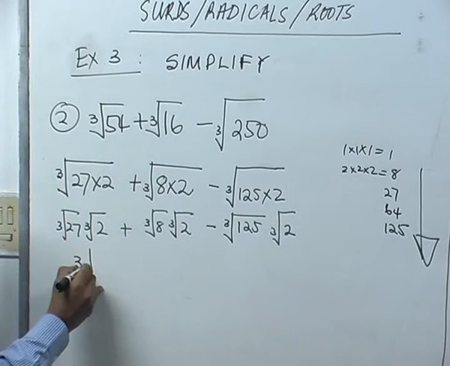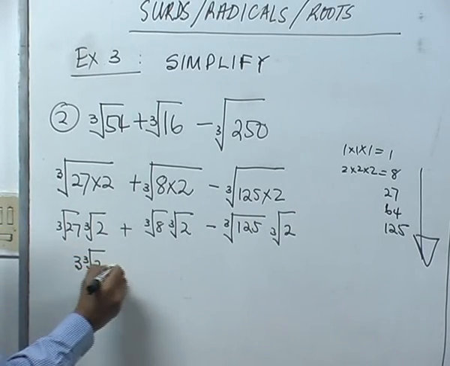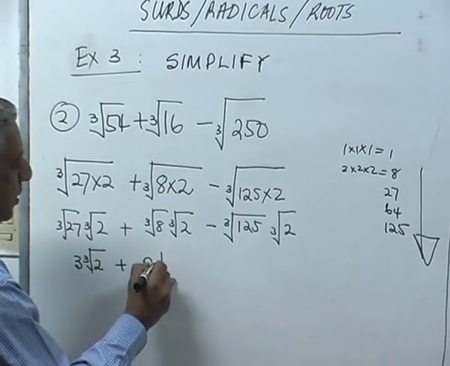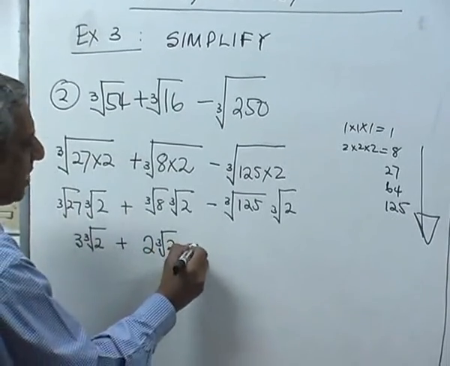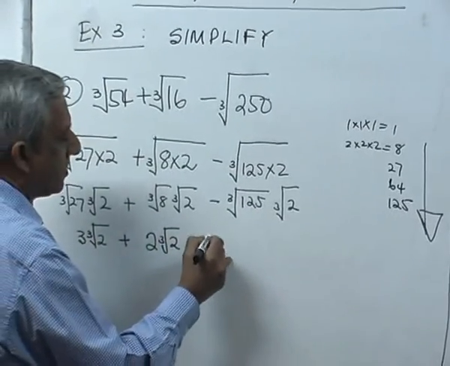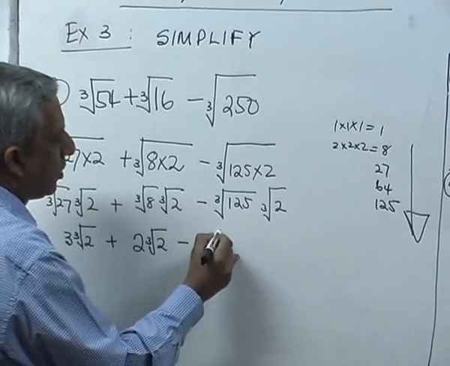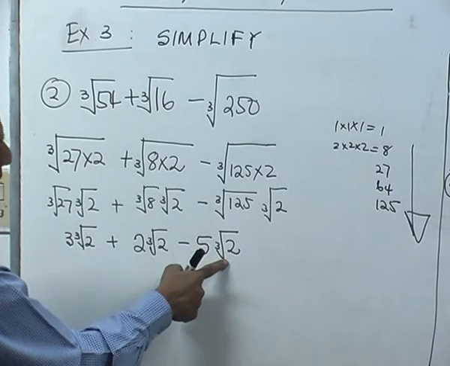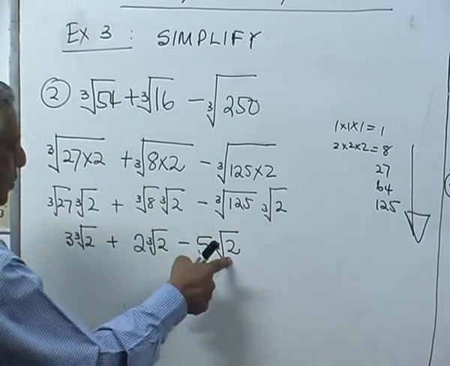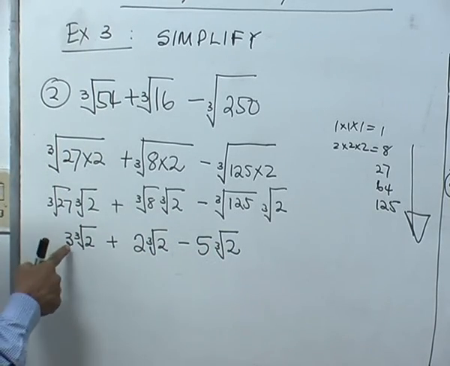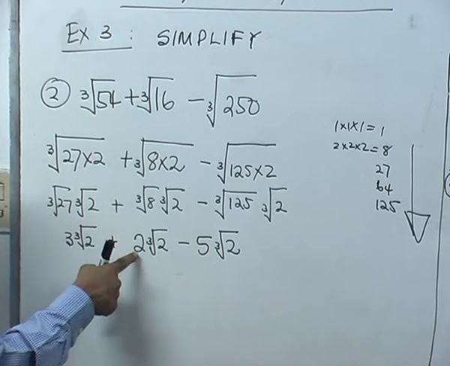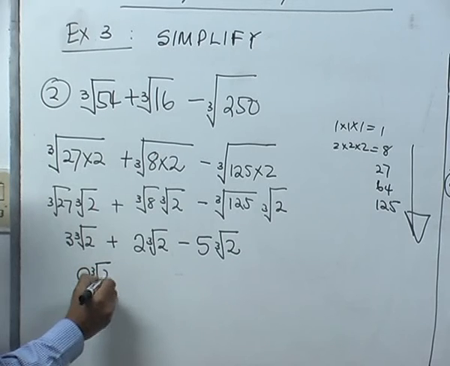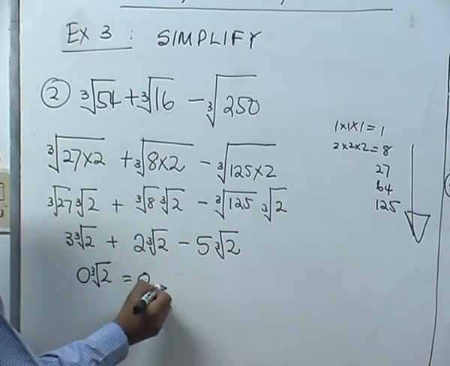So this is 3 cube root 2 plus cube root of 8 is 2, 2 cube root 2 minus cube root of 125 is 5, 5 cube root 2. Now this is cube root 2, cube root 2, cube root 2. So they are like terms. Therefore 3 plus 2, 5. 5 minus 5, 0. 0 cube root 2, which is actually 0.